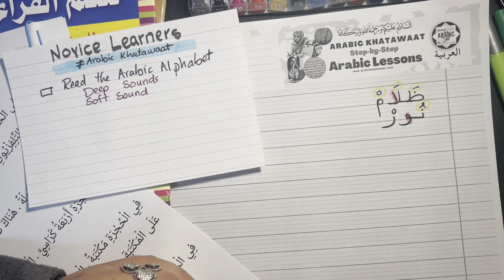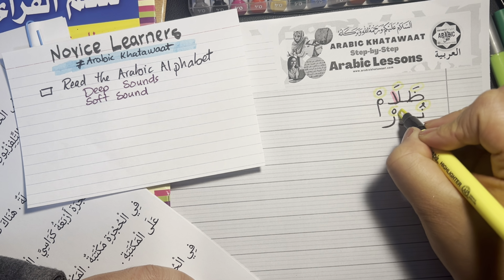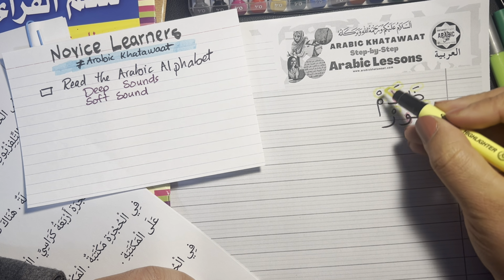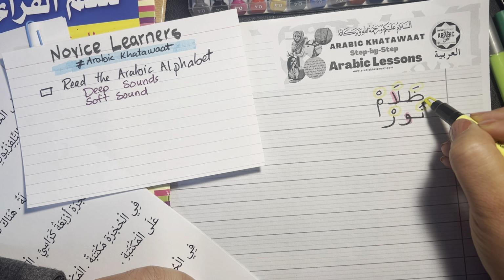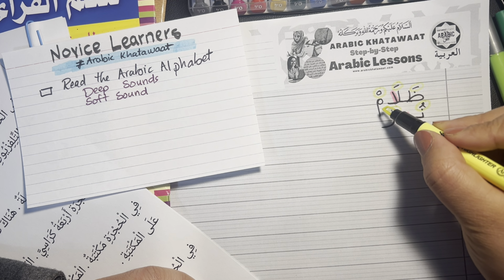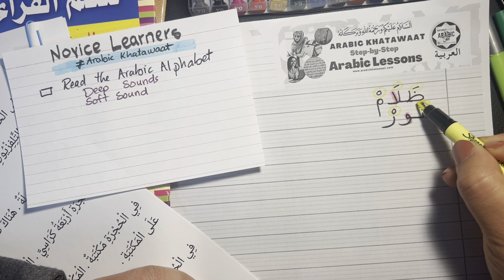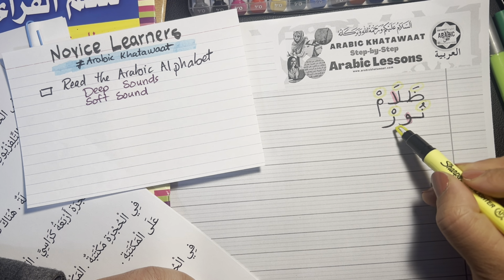I always pause at the end for novice learners because the ending or case ending requires grammar or exposure to grammar, but I want my learners to be cognizant of the sounds, not the grammar ending. So I need to make sure I go like the, lam, nur.